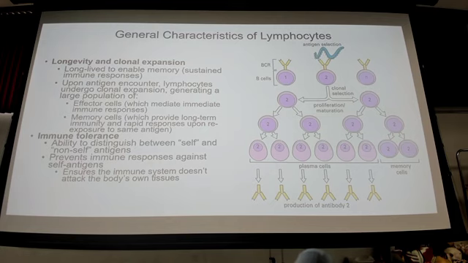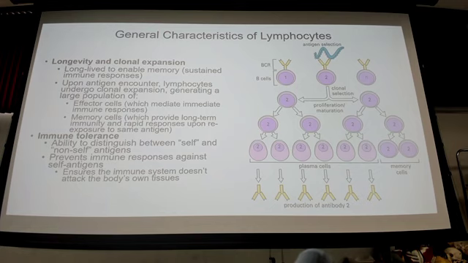A small portion of those will be memory cells. The memory cells basically don't do a whole lot until or unless they meet that same antigen from a pathogen again. Then they get stimulated to start differentiating back into plasma cells. But otherwise, they can just go about their merry way doing very little.